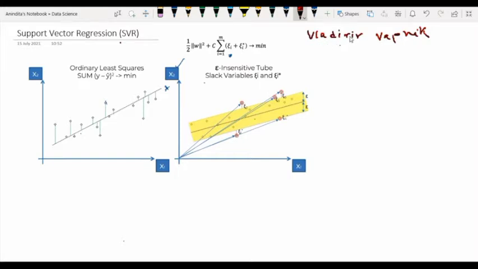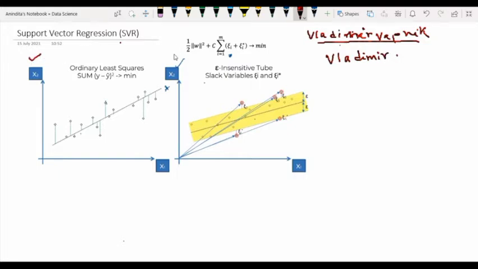This is the person who invented support vector regression. Now let's talk about the technical details.